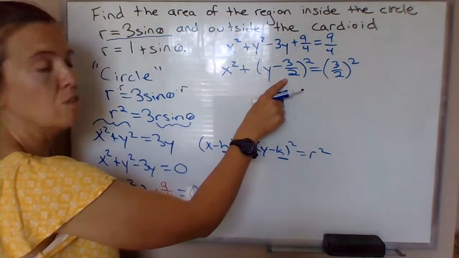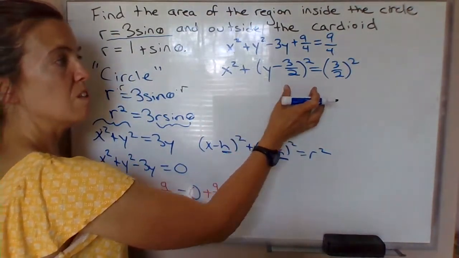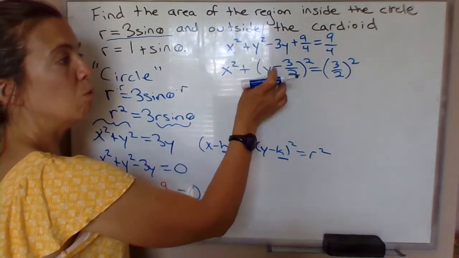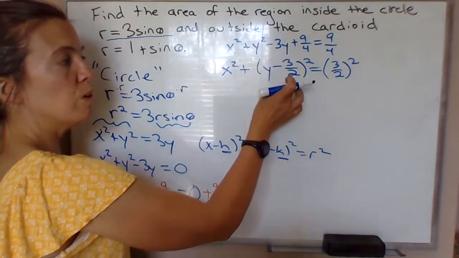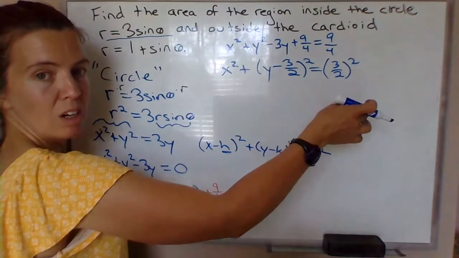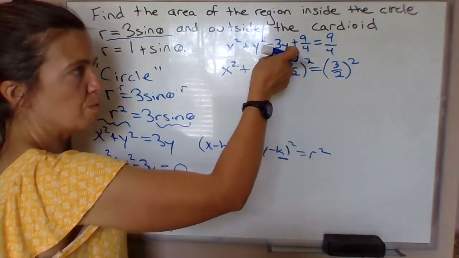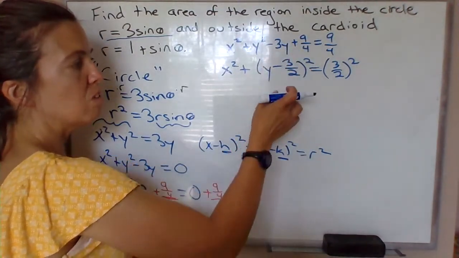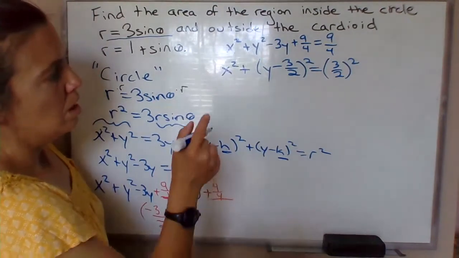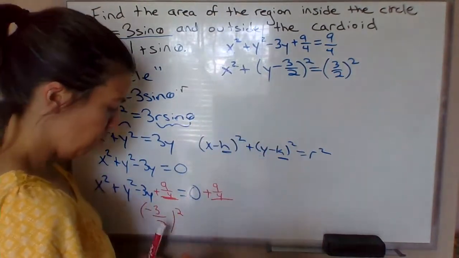If you double check this, write out y minus 3/2 times itself, you will actually get y squared minus 3y, because you'll have minus 3 over 2 minus 3 over 2. When you combine, you'll have minus 3y plus 9 over 4. So this is a circle.